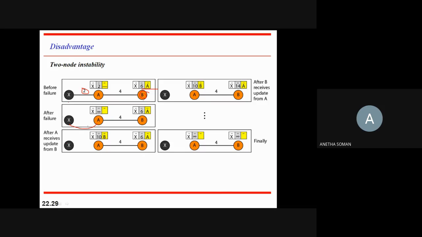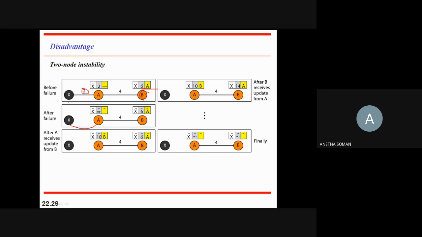Now, if A sends the information immediately to B, everything works properly, because B comes to know that there is no link to X through A and updates accordingly.